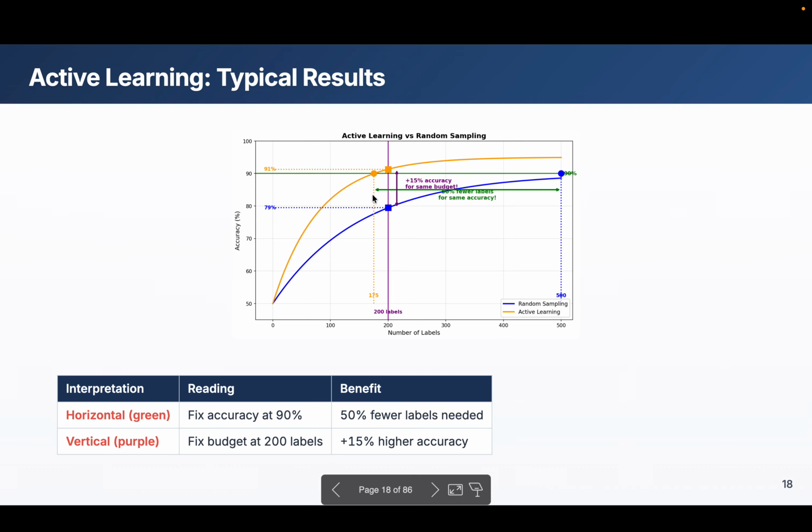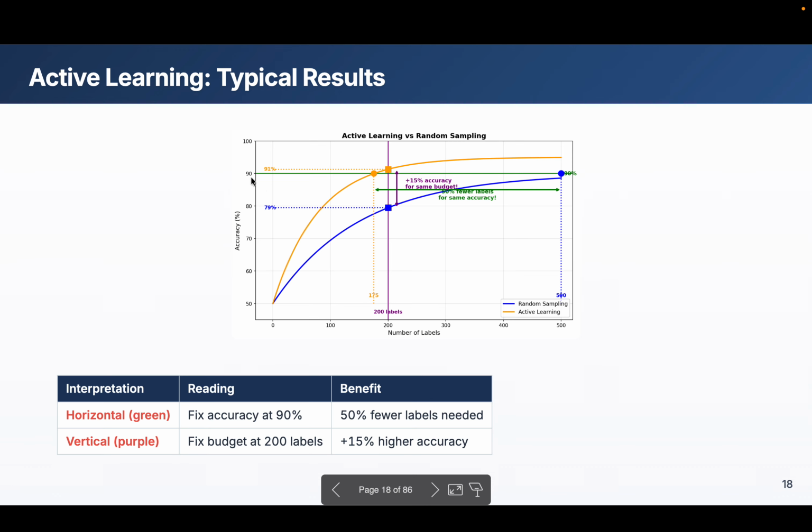Let's first look at 200 labels. If I had a budget of 200 labels, then I'll draw a vertical line parallel to the y-axis. It will cut the blue curve and the orange curve. It cuts the blue curve at 79%, it cuts the orange curve at 91%. So this is indicating that for 200 samples which I have labeled, my active learning strategy can give me a 12% improvement in accuracy. That is one way to look at it.